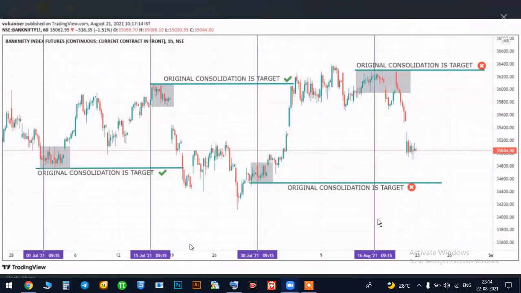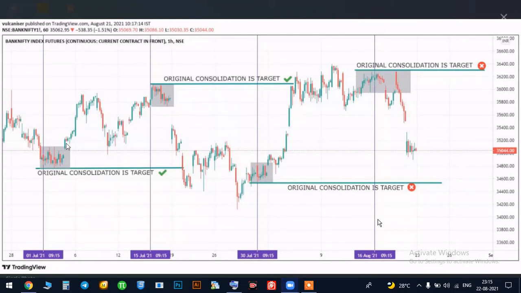They are at an interval of 15 days. See, 30 July, 16 August, 15 July, 1 July. So what does price do? It just targets the old 20 or 50 days high and low.